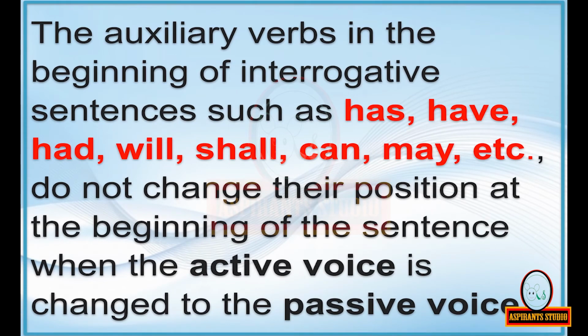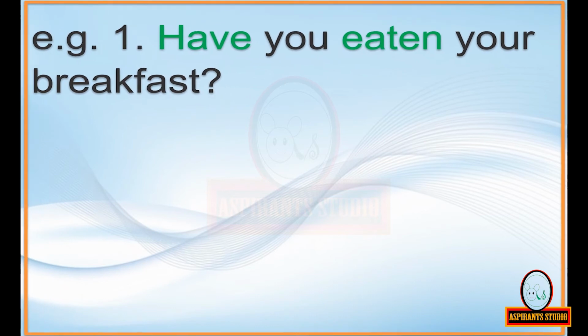The auxiliary verbs in the beginning of interrogative sentences such as has, have, had, will, shall, can, may, etc. do not change their position at the beginning of the sentence when the active voice is changed to passive voice. Example 1. Have you eaten your breakfast?